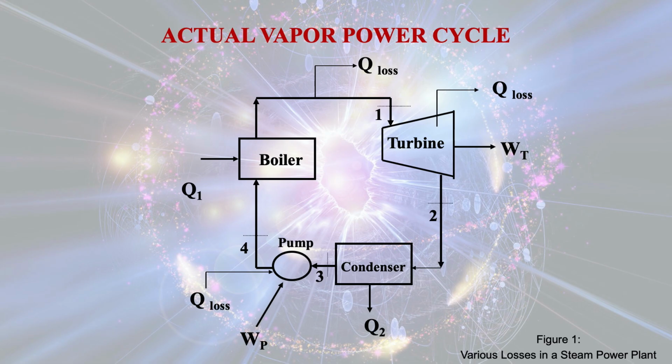Then the pump pumps that water to the boiler and thus completes the cycle. Inside the boiler, coal is burned and the heat evolved is used for converting water into high pressure, high temperature steam. But you see that there are losses in the process.